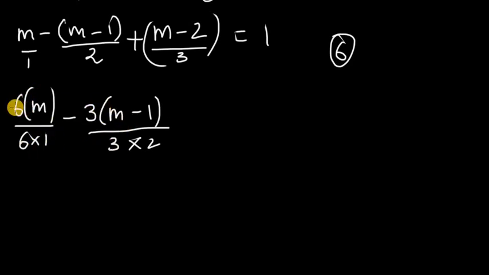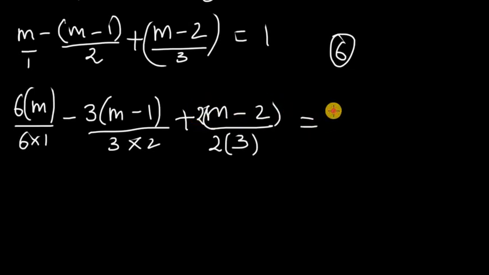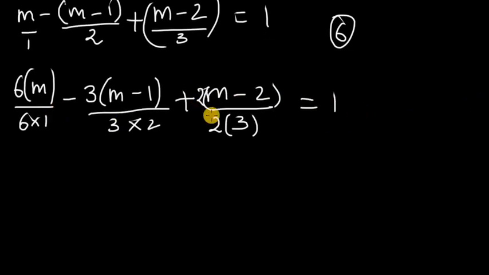That is why we are also multiplying the numerator with that number. Okay, so plus (m minus 2) divided by 3. What number do we have to multiply with 3? That is going to be 2. So into 2 and into 2, equals 1.